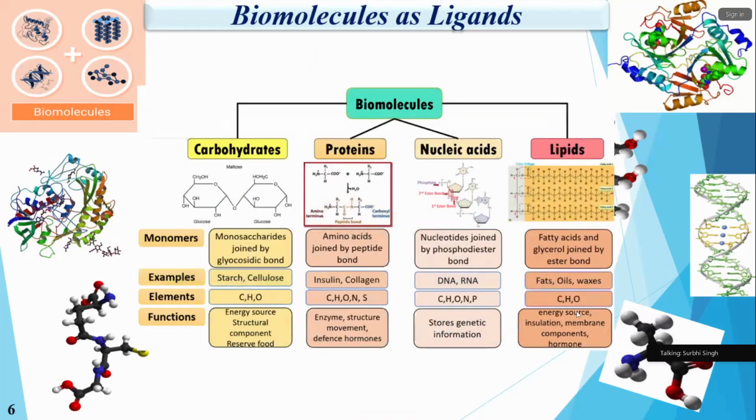So these are some of the biomolecules. These biological small molecules can be used as low molecular weight chelators, as ligands for the formation of this metallogel, such as amino acids, nucleobases, nucleosides, nucleotides, etc.